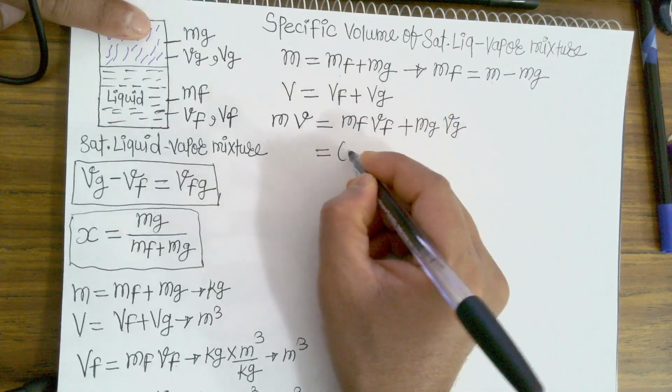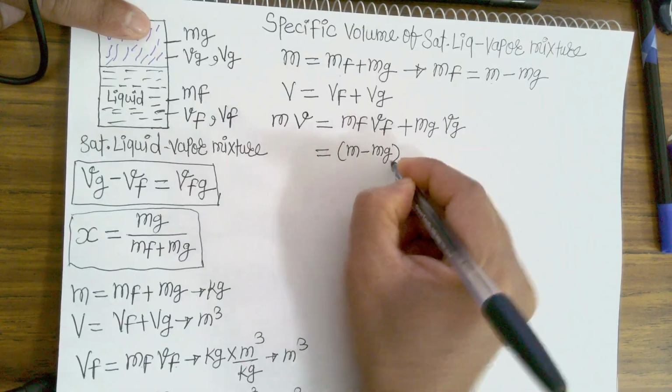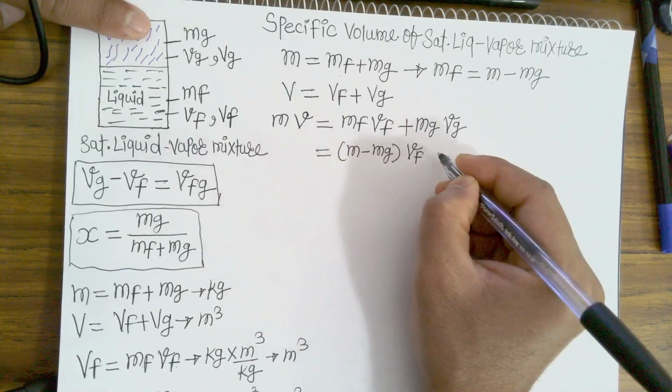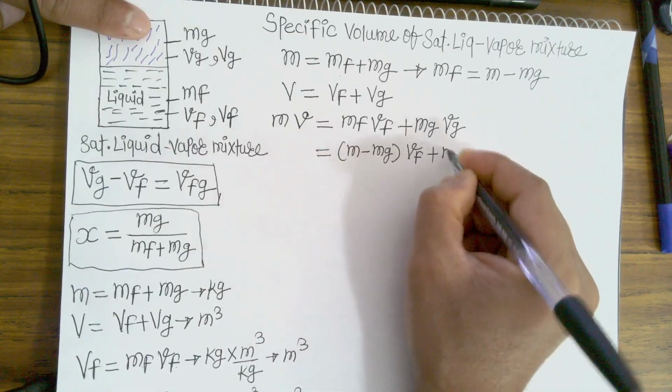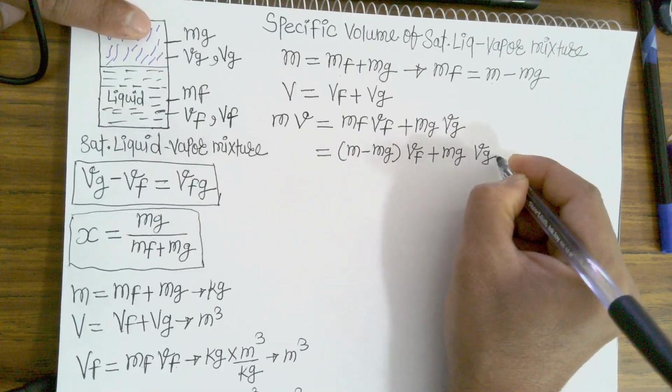So I will write m minus mg multiplied by small vf plus mg multiplied by small vg.